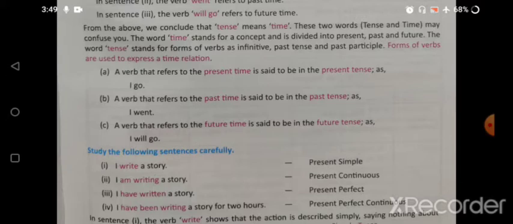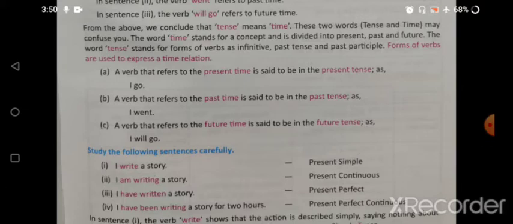And similarly, future tense is also divided into four types: simple future, future continuous, future perfect, and future perfect continuous.